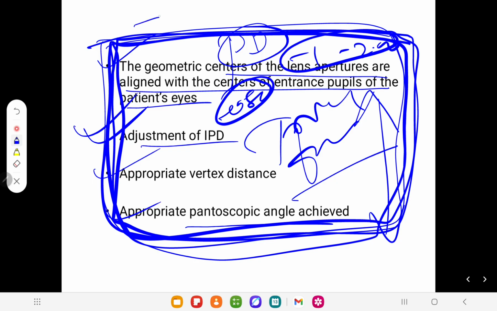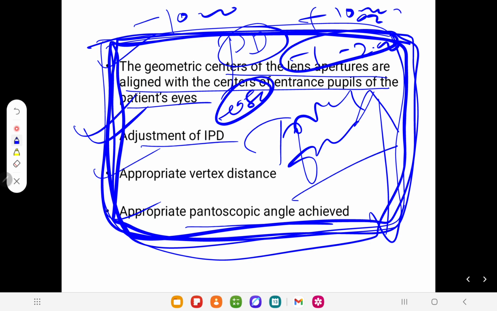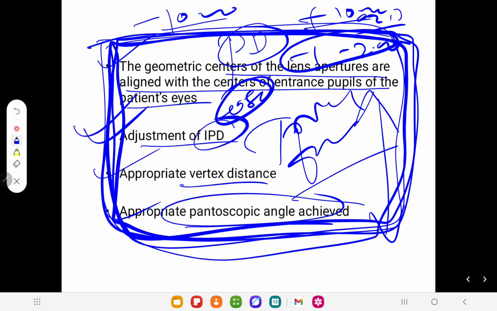But whenever you have, let's take an example, minus 10 diopter or plus 10 diopter, my goodness, they are very important. Okay, they are very important to adjust IPD, vertex distance, pantoscopic tilt, if there is anything. So whenever there is high refractive error, it's very important, especially when the high refractive error is cylindrical.